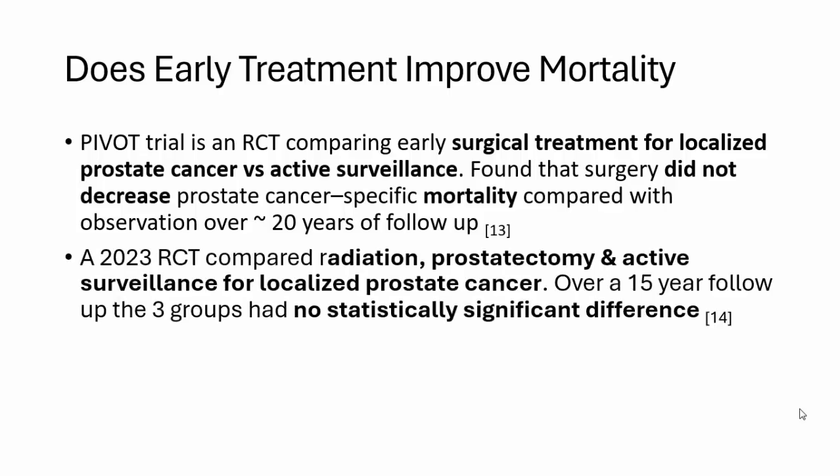Another randomized controlled trial comparing radiation to prostatectomy and active surveillance for localized prostate cancer with 15 years of follow-up showed there was no statistically significant difference between the three groups.